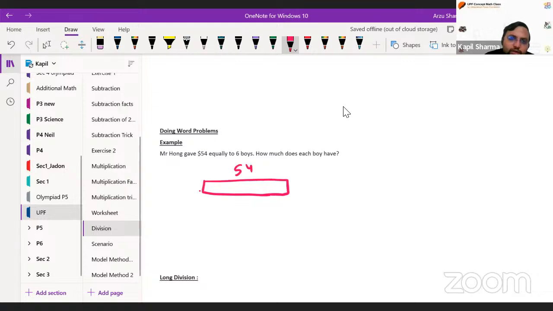So we have 54. 54 divided by 6 is actually 9. So each boy has $9.